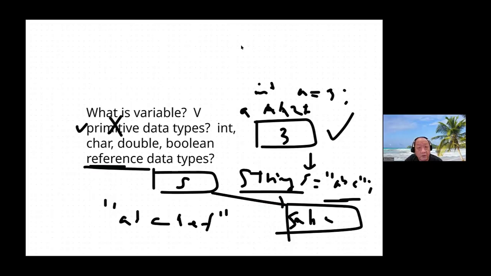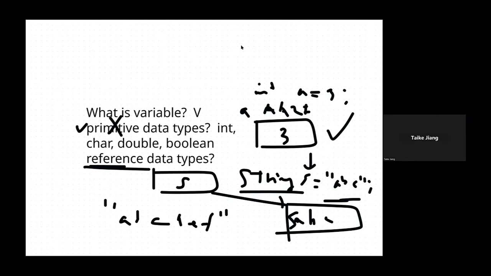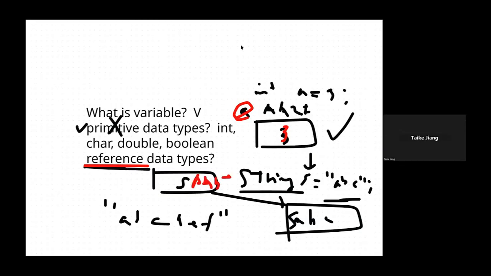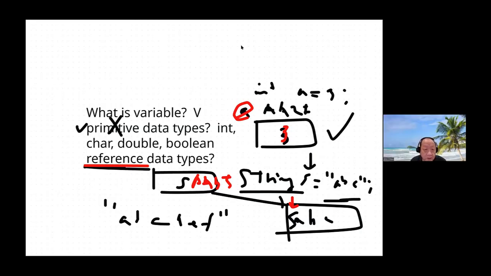With primitive data, you directly put the data of 3 in the memory. While with reference data, you put the address, maybe AAB3, and then at AAB3 you actually put your ABC there. It's indirectly pointing to the data. Oh, okay. So that's different. Okay, these are the differences.